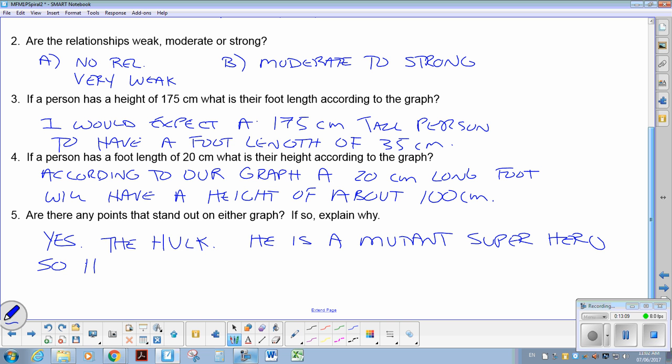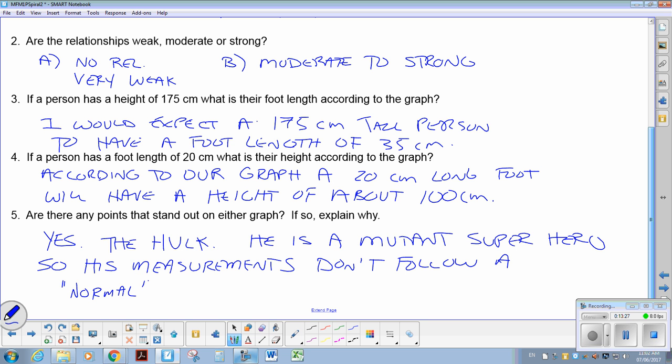So his measurements don't follow, and I'm going to use quotation marks on normal here. And when I use the word normal, I mean non-superheroes that morph into different sizes, follow a normal person size. Okay? So there's always a reason for that outlier, so you need to go back and take a look and figure out what it is.